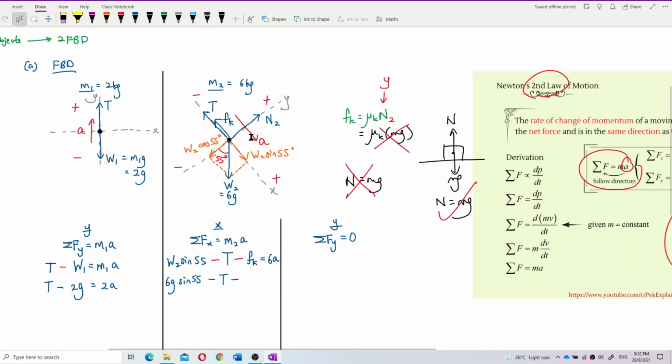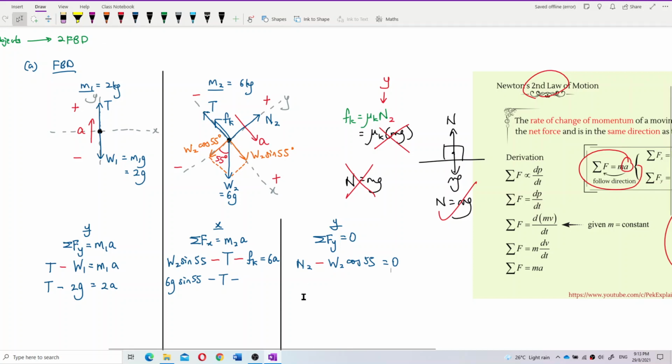Right now I just want to make it simple. For the y component, there is no acceleration to compare. We take force going up positive, force going down negative. So normal force N2 is positive, and going down is negative W2 cos 55, and equal to 0.